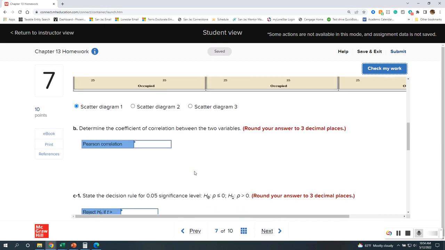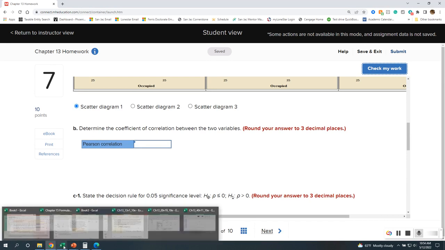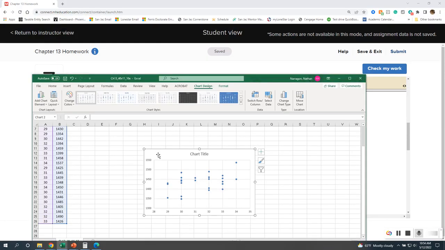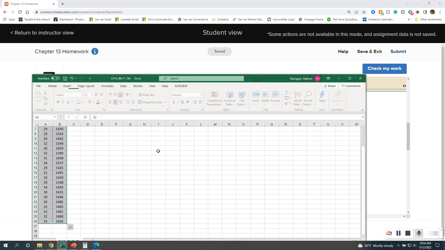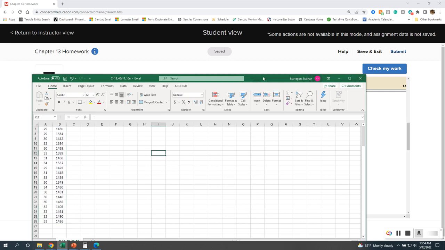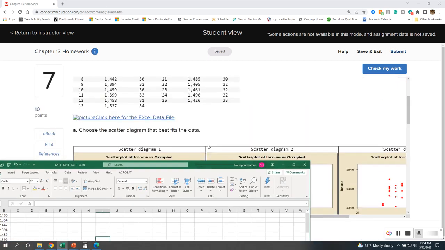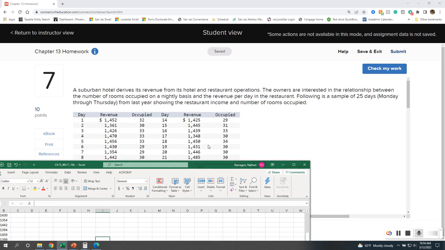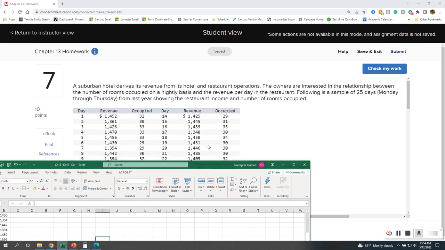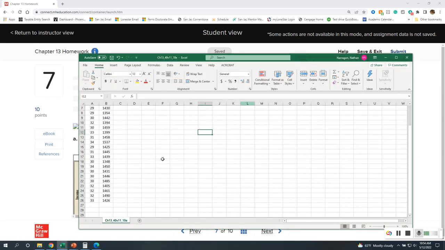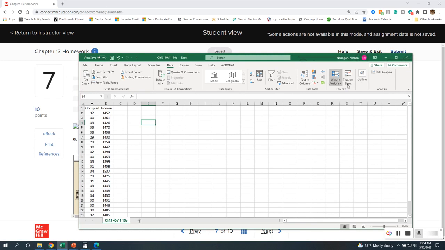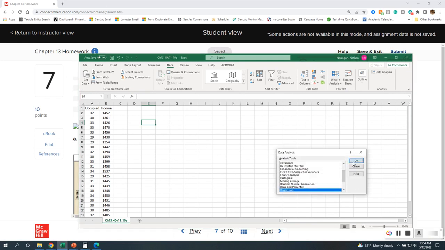Nice. So, let's go ahead and do a regression on it. So, data analysis, regression.